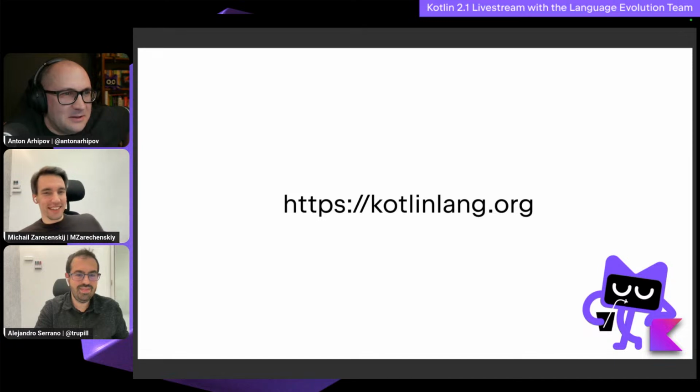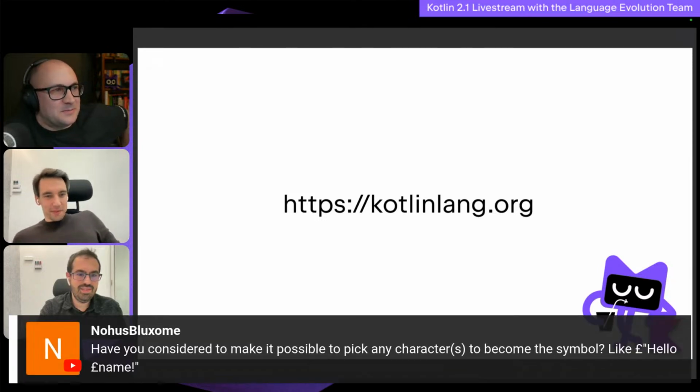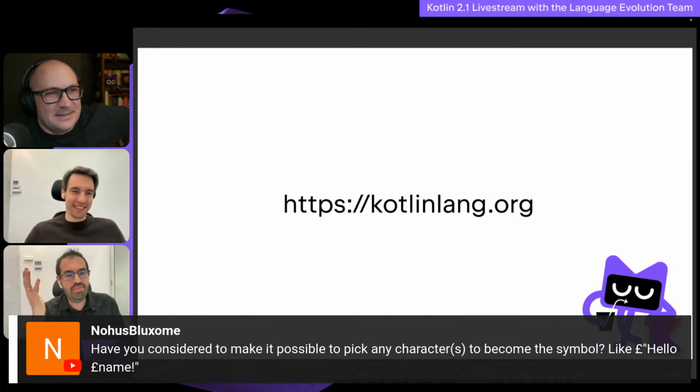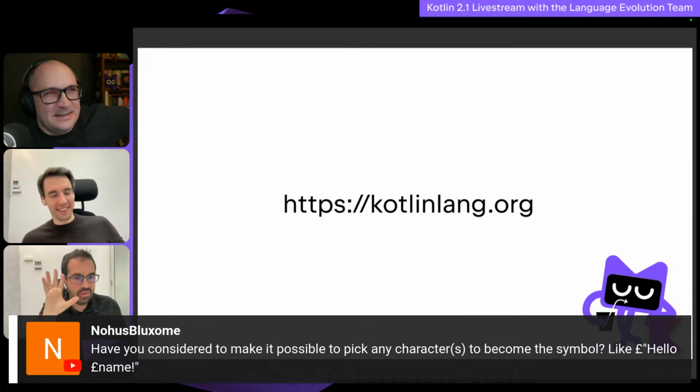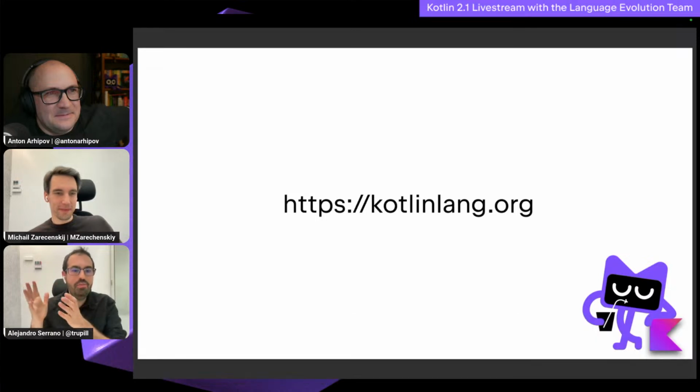Okay. Then there is a funny one regarding string interpolation. Would we consider allowing something with other symbols rather than $? Well, first of all, why you would do this is already a bit arguable.